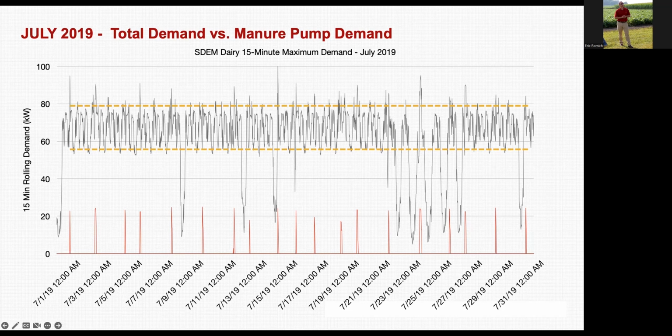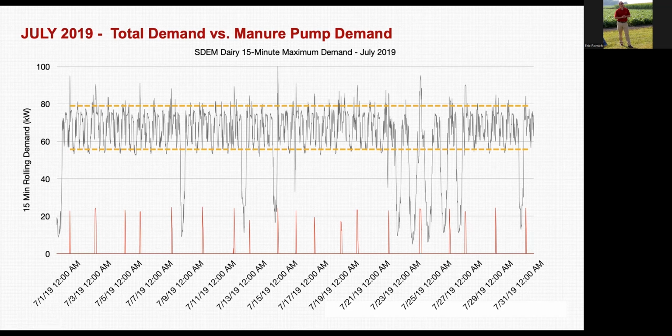And there's a strong correlation between when we're seeing these demand spikes on the main profile for that farm, above that 80 kW glass ceiling, I guess you'd think of. Every time we see those spikes, there's a corresponding spike in that same time window from our manure pump. And again, this is in the month of July, so this is just looking at it from a one month perspective.